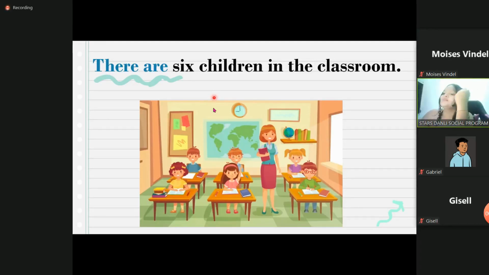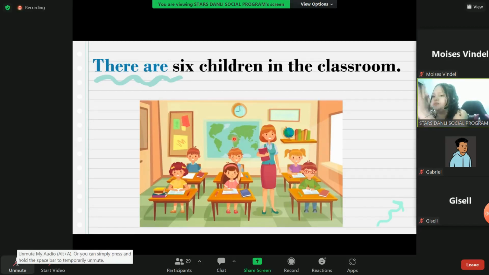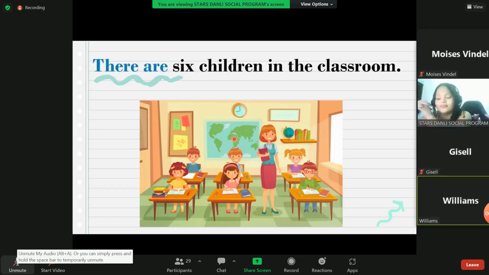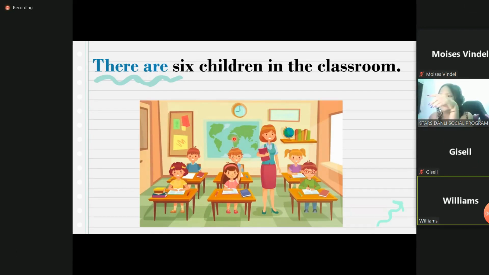¿Qué más podríamos indicar ahí viendo objetos, cosas? ¿Qué más podríamos expresar usando there is or there are? Vamos a ver, observemos la imagen. There are 6 desks.